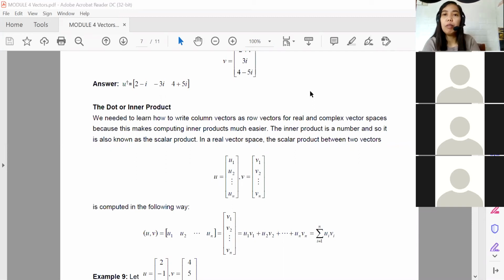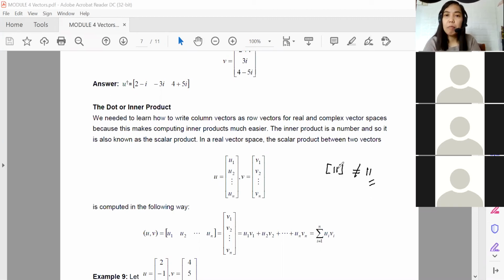Hindi ko maalala yung number, pero halimbawa yan siya. This is still a matrix. Iba yan. That is not equal to 11. This is a real number, but this is not a real number. Naka-matrix siya. Meron kasi siyang bracket. So, hindi sila equal. Sabi natin, when we multiply row matrix by column matrix, the answer is a real number.